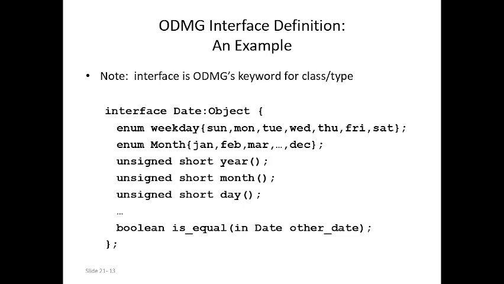So, the ODMG inheritance. In the ODMG object model, we have two types of inheritance relations: behavior only inheritance and state plus behavior inheritance.